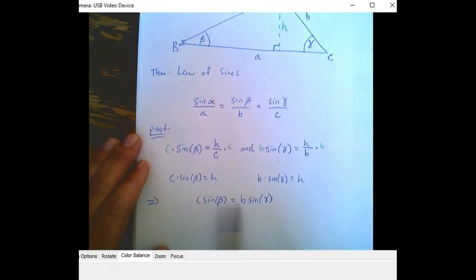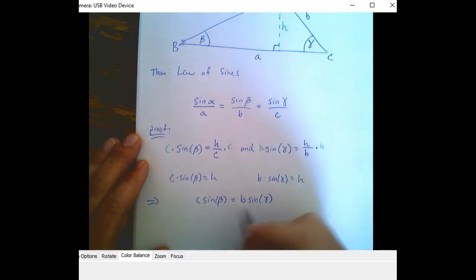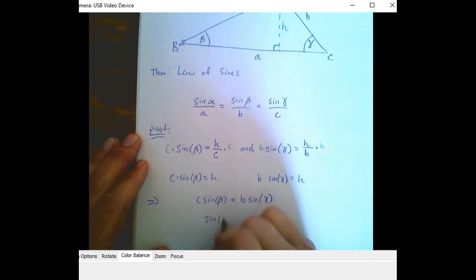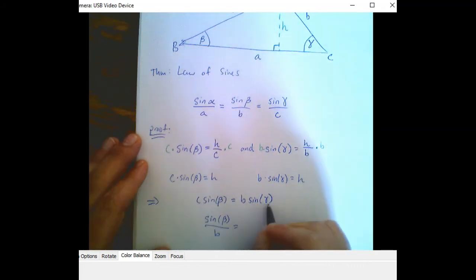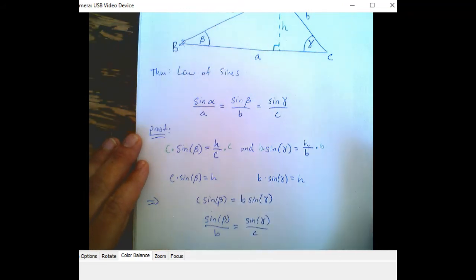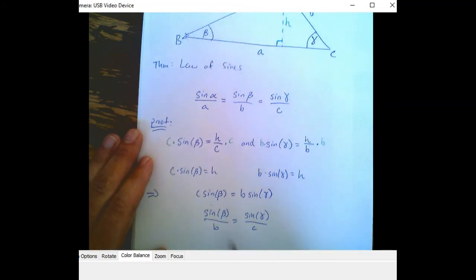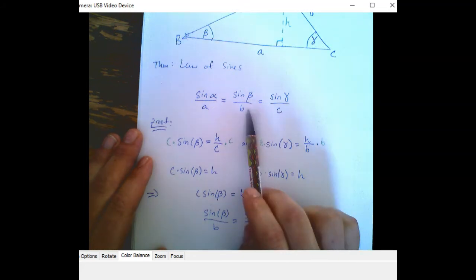And if we do a little bit of algebra, I'm going to divide both sides by c, and divide by b. We can get an equivalent form. So the sine of beta divided by b equals the sine of gamma divided by little c. So that gives us one of the equalities here.